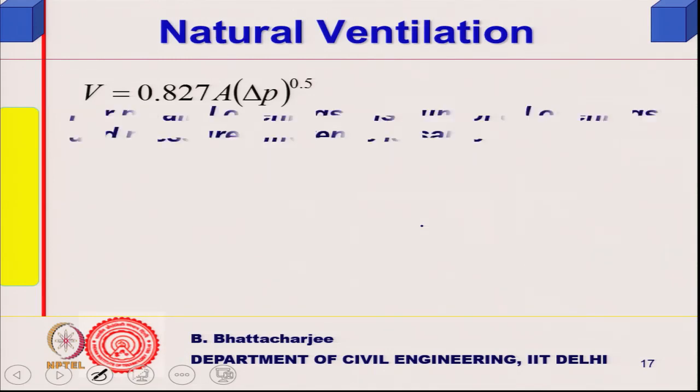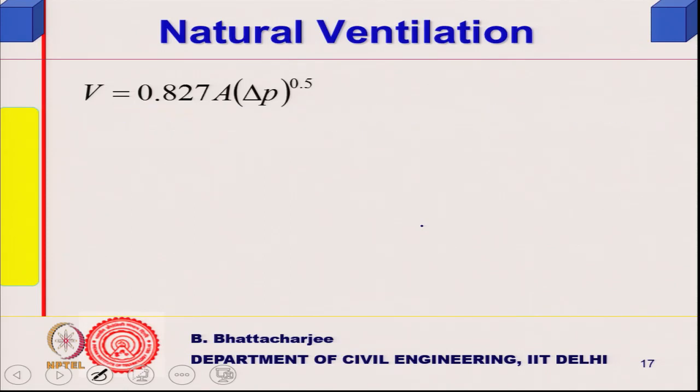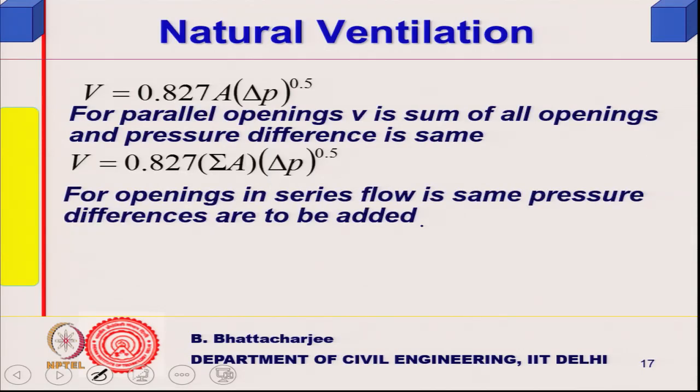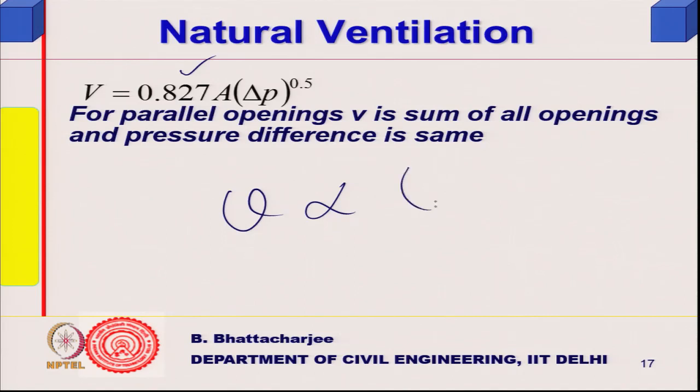So, natural ventilation. If I calculate this, we said velocity is proportional to the square root of delta P, delta P to the power 0.5.